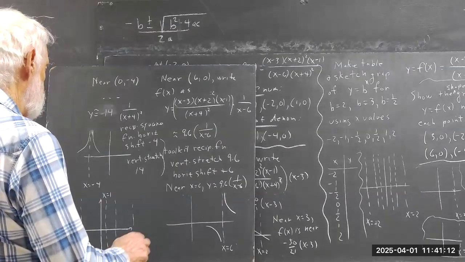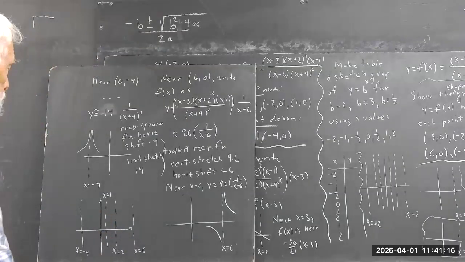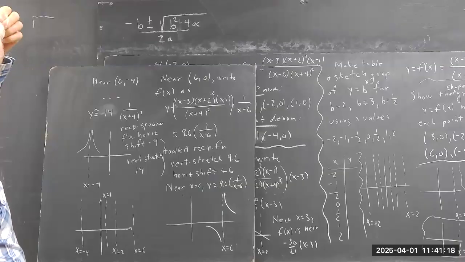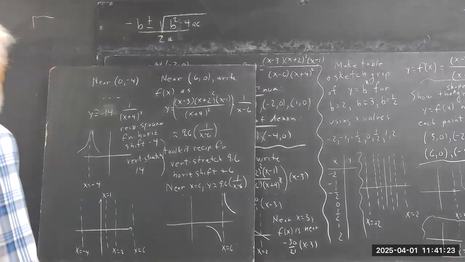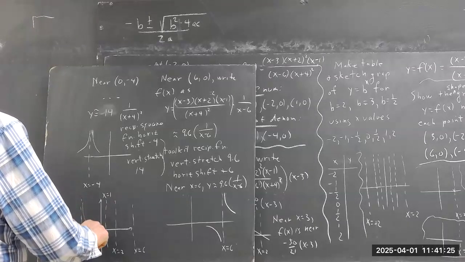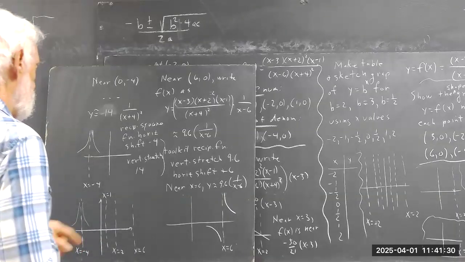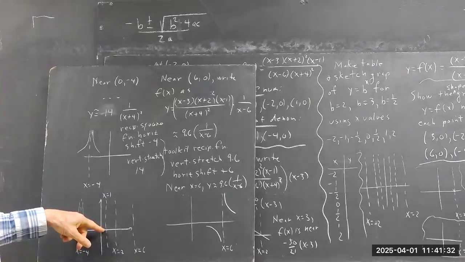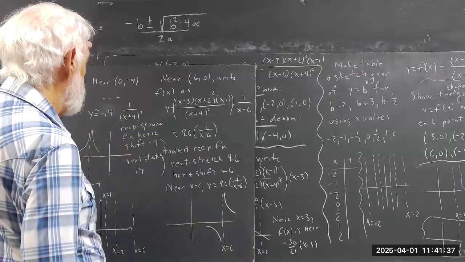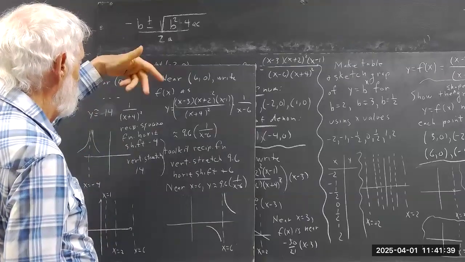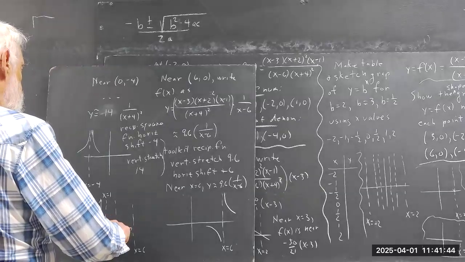And that's about it. So we know what happens near each of these points. Near X equals -4, we're going to want to behave something like this. Near X equals 1, I didn't do that, but it's going to behave like this.